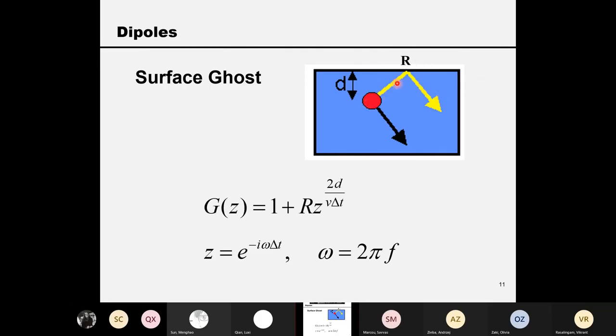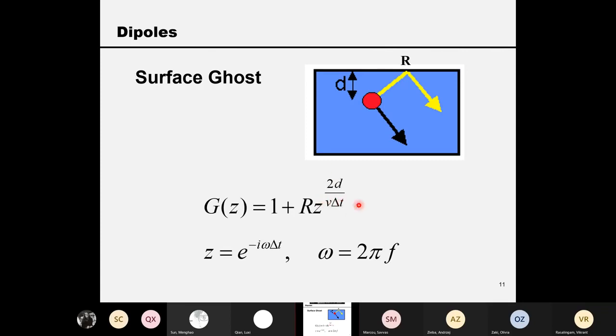So this one, the yellow one here, has a time delay of 2D divided by V. That's the time delay. And then in terms of the index of the time sample, we divide by delta t, the time sample, right? Because in the Z transform, the power of Z is the index, not time. So the time is 2D divided by V, and this time divided by delta t becomes the index.